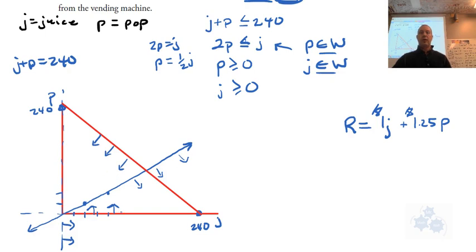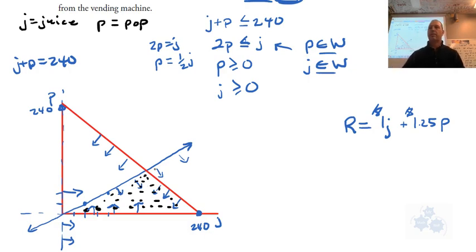So obviously 100 and 100 is going to be less than 240. So that's good. So it's got to be less than. So you guys seeing where the region is here? It's got to be below this line, it's got to be above this line, it's got to be to the right of this line, and also below this line. So the region is going to be here, and I'll just kind of make some dots here. This is going to be your region, right? Make sense?